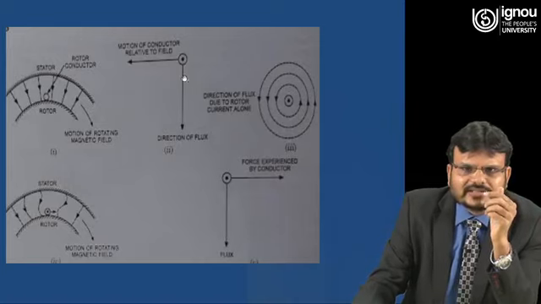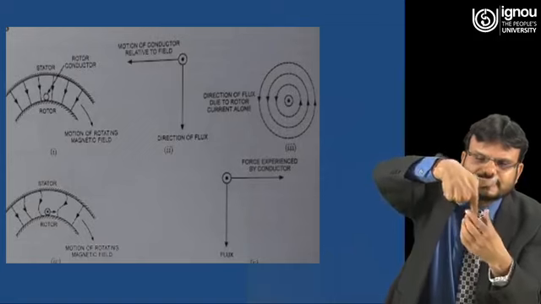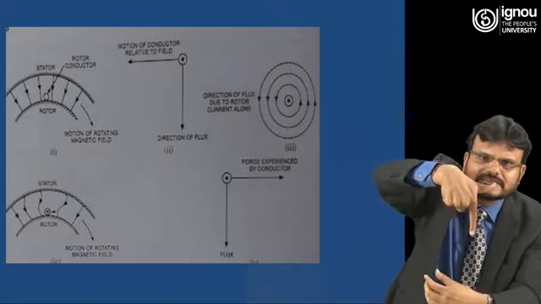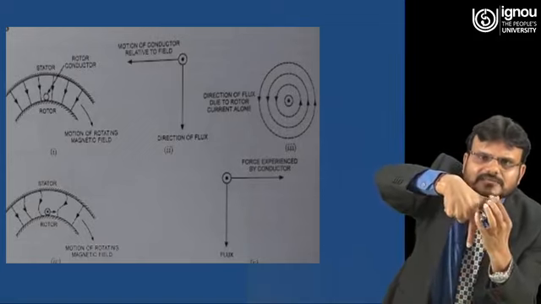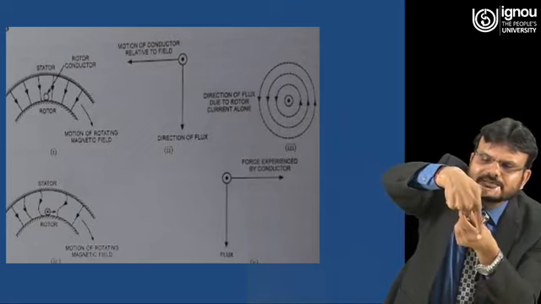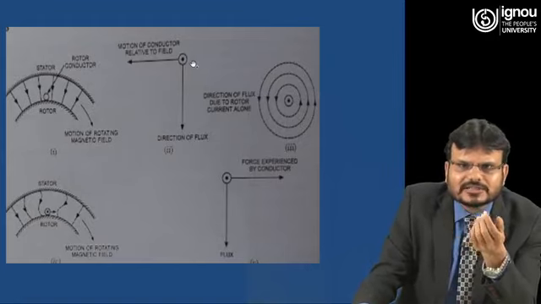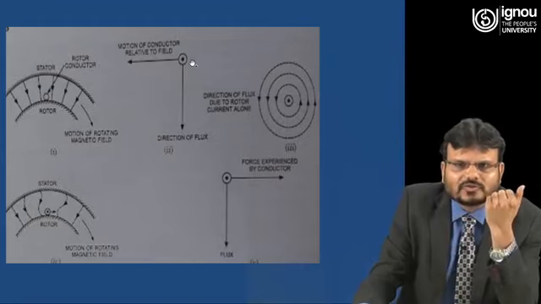Now you have the direction of the flux in this direction and the motion of the conductor in this direction. Apply the Fleming right hand rule: the first finger is the direction of the flux, the thumb is the direction of the relative motion of the conductor, so the middle finger will show the direction of the current. This dot shows the current is coming outward.